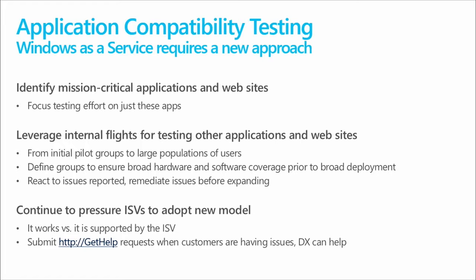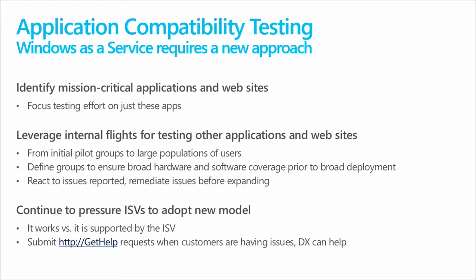If you're running an app that is absolutely critical to the operation of your business, no matter what we tell you, you're going to test it. For good reason. It's critical. You need to test it. But you have thousands of applications inside of most organizations, and you can't tell me that thousands of applications are critical.